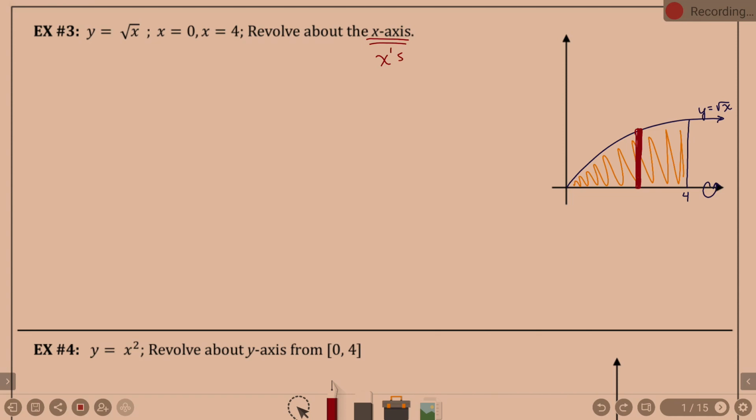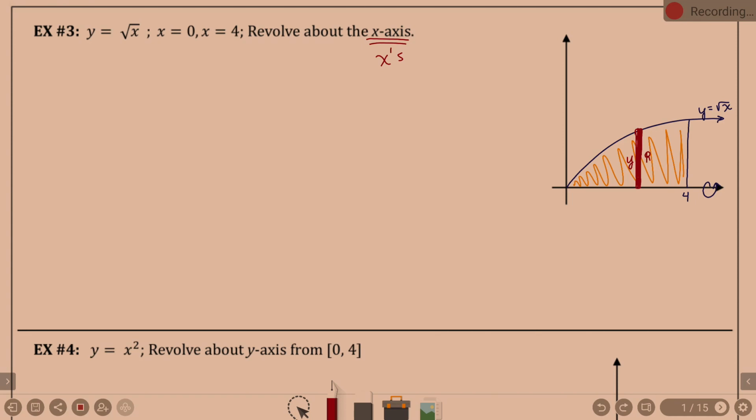This is something you have to be able to identify. When we talked about it yesterday, the distance from here up, we talked about it as being y, because you're measuring up. As this rotates about, you can also think of this as your radius. Are you with me on that? Okay.